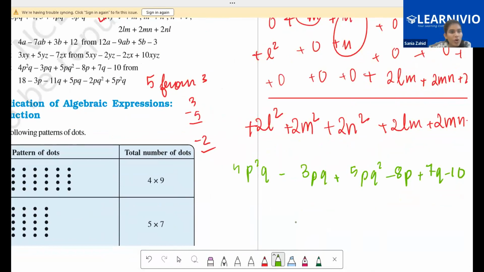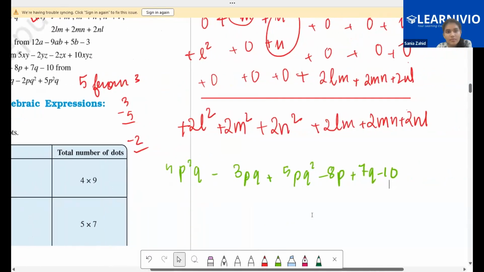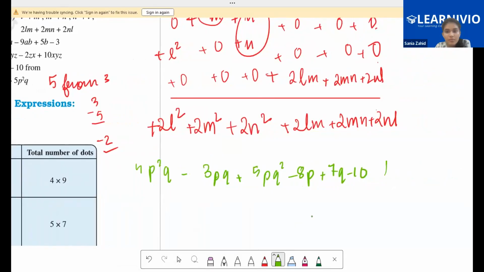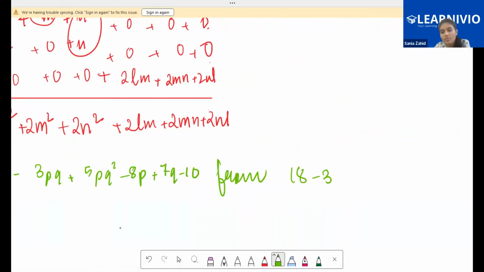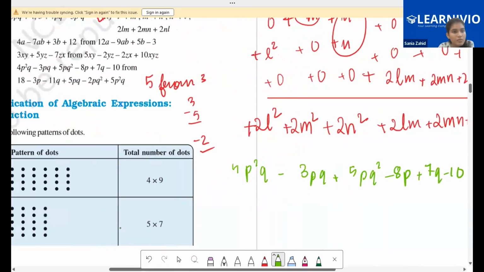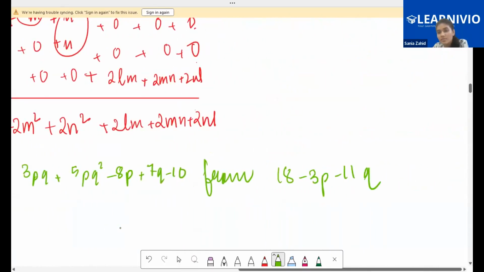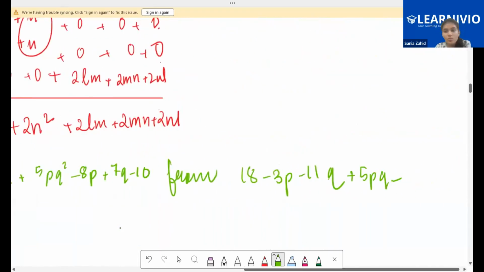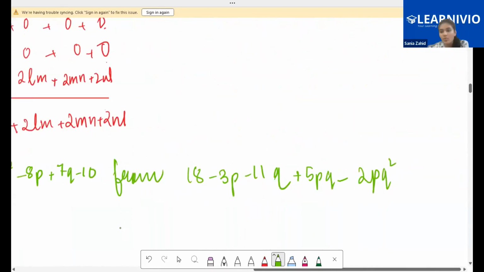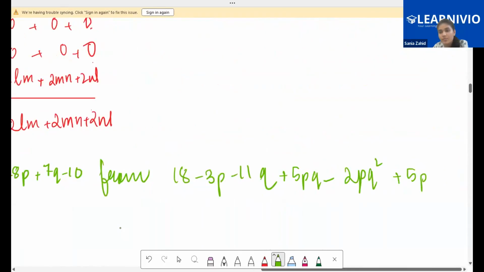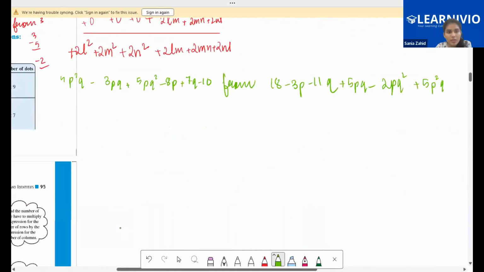And you have to subtract it from 18 minus 3p minus 11q plus 5pq minus 2pq square and then plus 5p square. Okay, this was our question. Now let's solve it here.